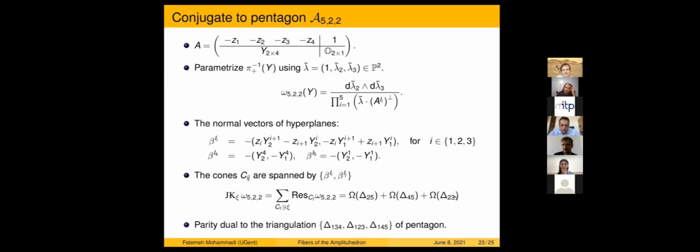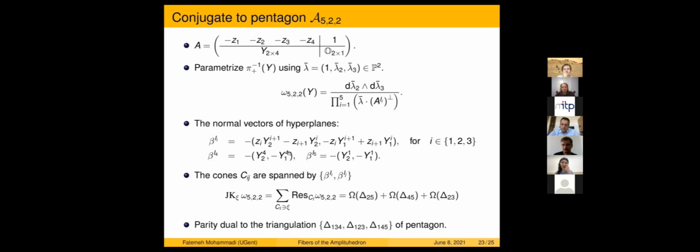Yes. What is already known, in the work by Galashin and Lam, I think, is this kind of bijection between the triangulations. So now the idea is that you can concretely write down the fan. You can construct it by parametrization, write down the volume form, look at the denominator and construct this polyhedral fan.